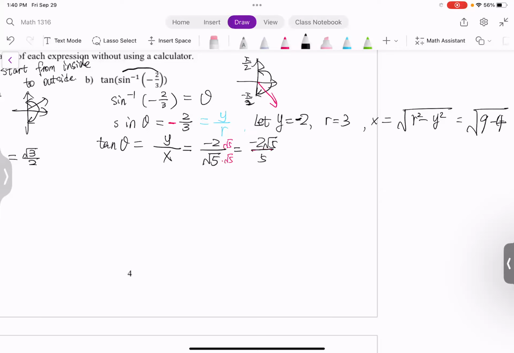First, we assume the inside is theta. Then from theta, I can rewrite sine theta as negative 2/3. And the question is, I'm looking for tangent theta. If I have the sine theta, I can find the tangent theta by finding the x, y, and r values.